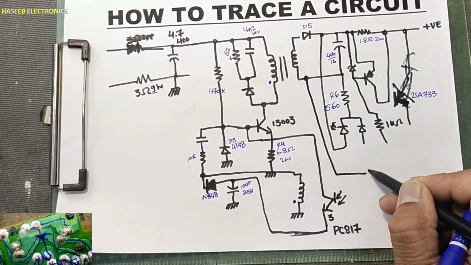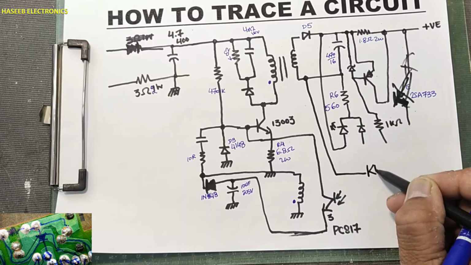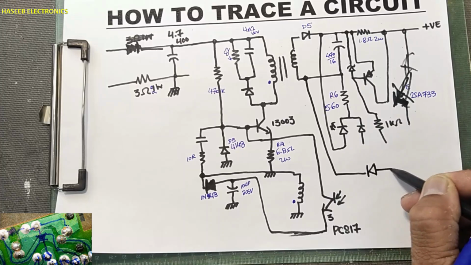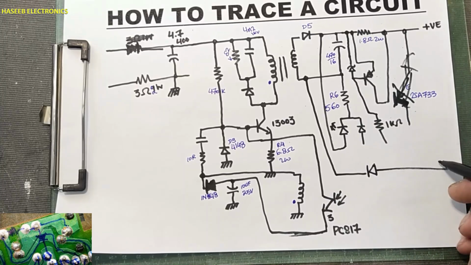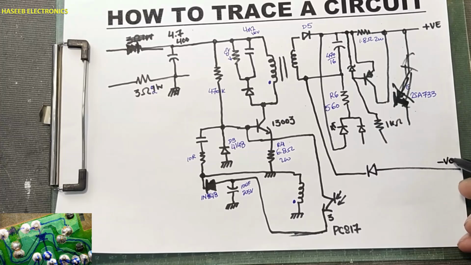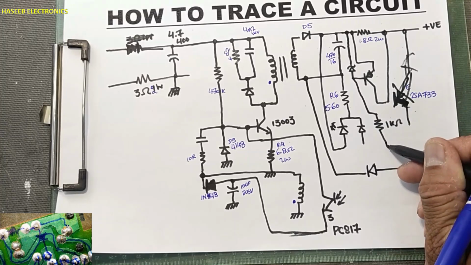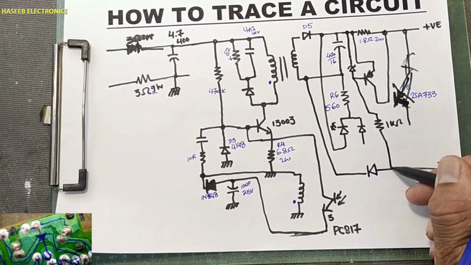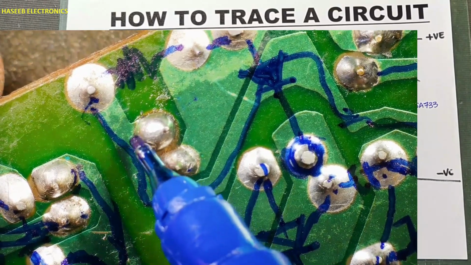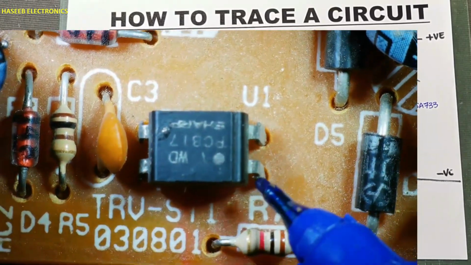It is reaching to this diode, then the output point, negative out, and at this point this resistor is connected. This point is pin number 1 of the optocoupler.